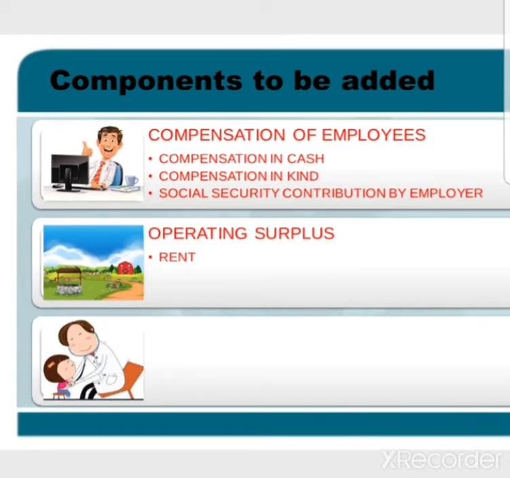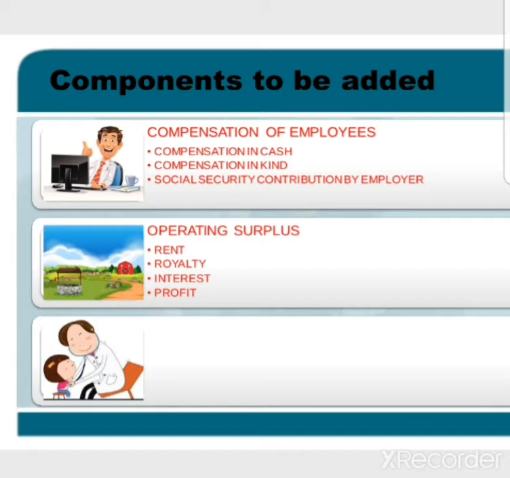It is further divided as rent, which is the amount earned by the factor land. Royalty is also the amount of factor payment earned by land but for the subsoil uses. Then interest, which is the factor income earned by capital. And last, profit.